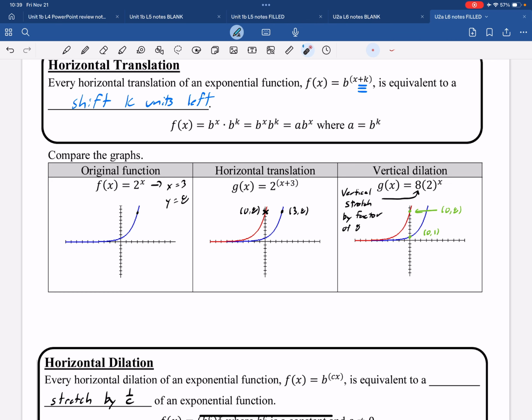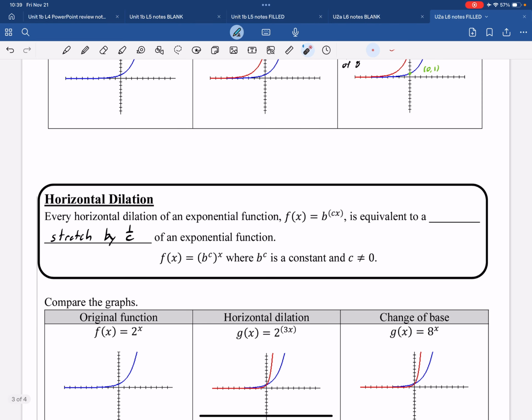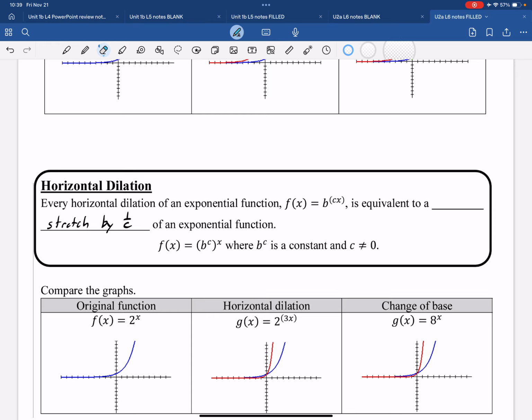So we can do a horizontal translation by adding or subtracting next to x. We can do a vertical stretch or dilation by multiplying the whole expression by some number. All right, horizontal dilation. I forgot to erase this, so I'll just keep it. But basically what happens here is we've got a stretch by 1 over c.